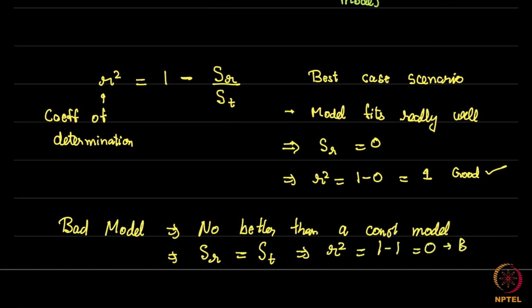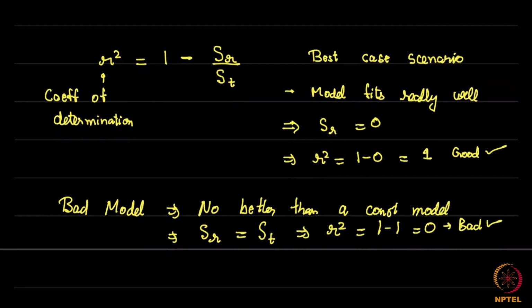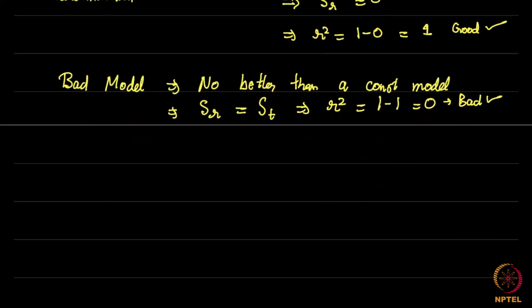So this is a bad model. This condition is also satisfied. Now there is another subtle point here. Let me add that in general, R square will always lie between 0 and 1.